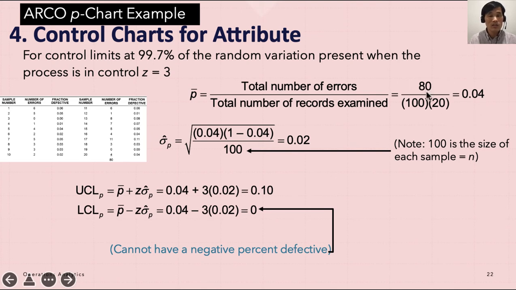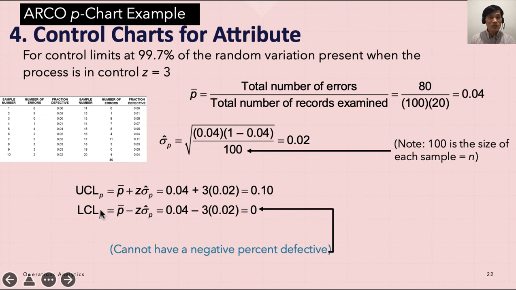If you divide 80 by 2,000, it gives you 0.04 as P bar. The average fraction defect rate is 4%, which is pretty high. Now, sigma P equals the square root of P bar times 1 minus P bar divided by N. So 0.04 times 1 minus 0.04 divided by N, where N is 100, the sample size, and that equals 0.02. So you get 0.02 as your sigma P.